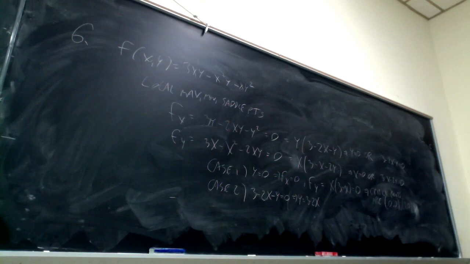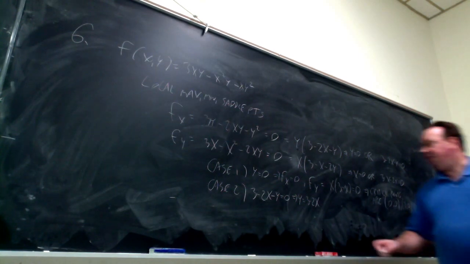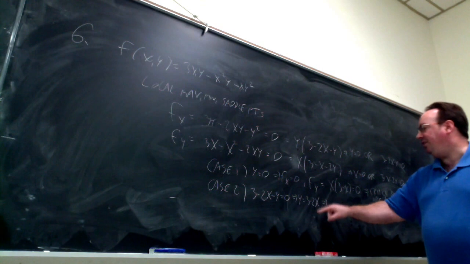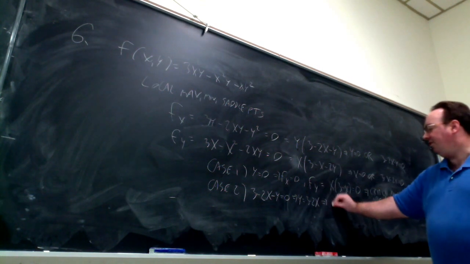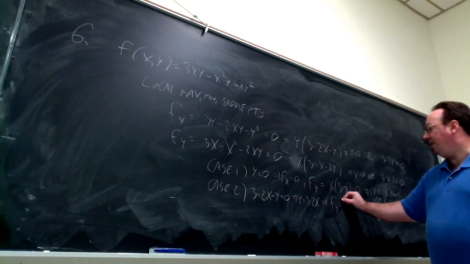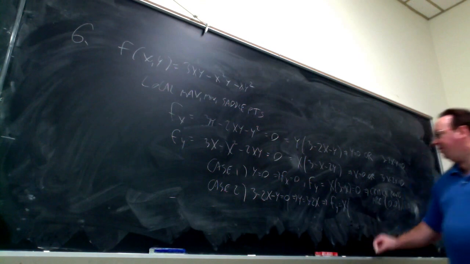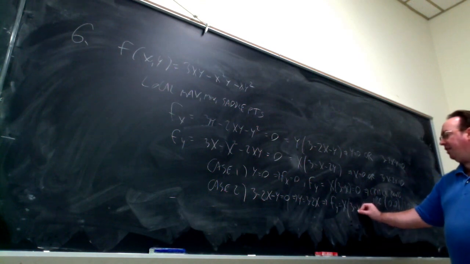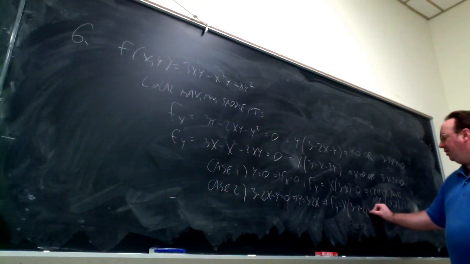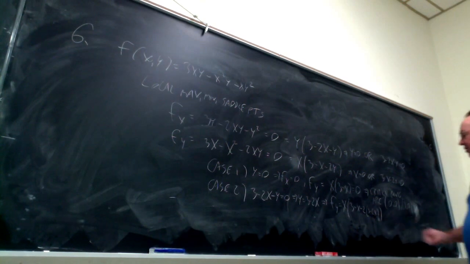So now what you can do is substitute that into f_y. So f_y is equal to x times (3 minus x minus 2(3 minus 2x)). So you go ahead and simplify that.